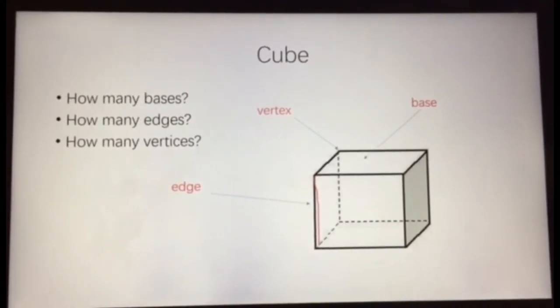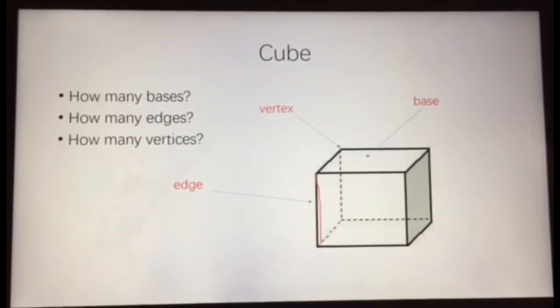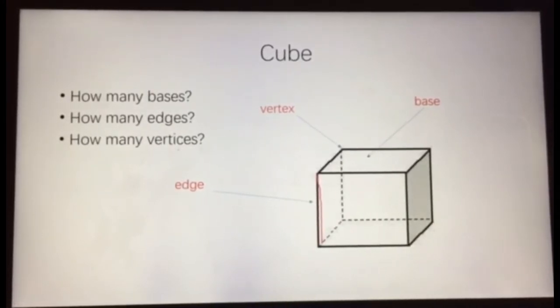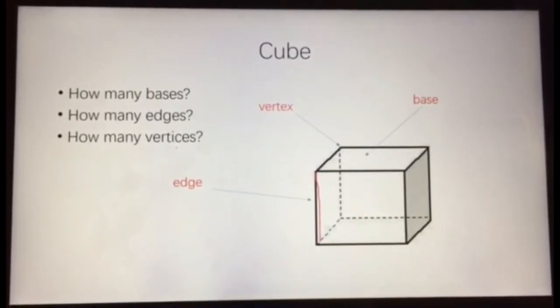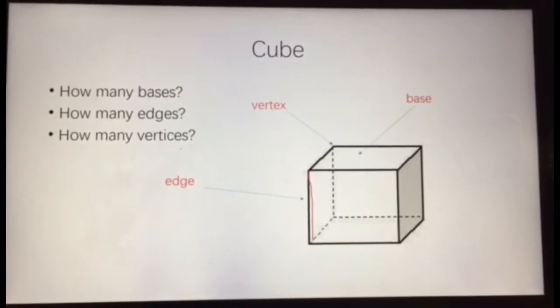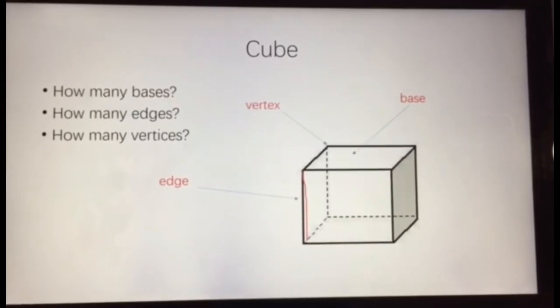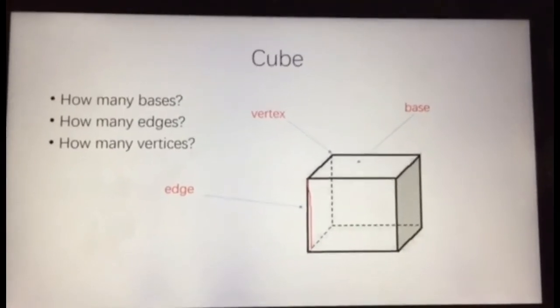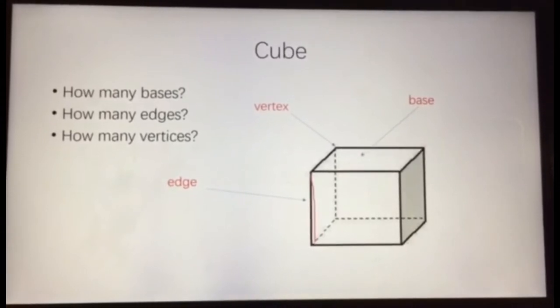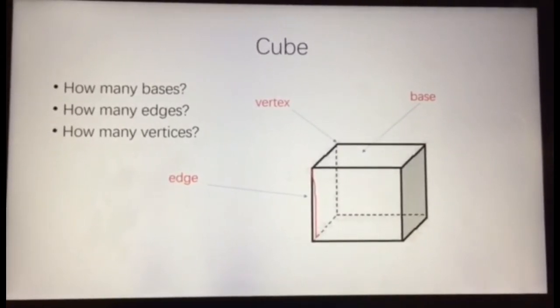My question is, how many bases in a cube? How many edges in a cube? And how many vertices in a cube? I have put these questions on your homework sheet. I want you to count and answer the questions. You can get a cube from your toys, or you can count the picture.